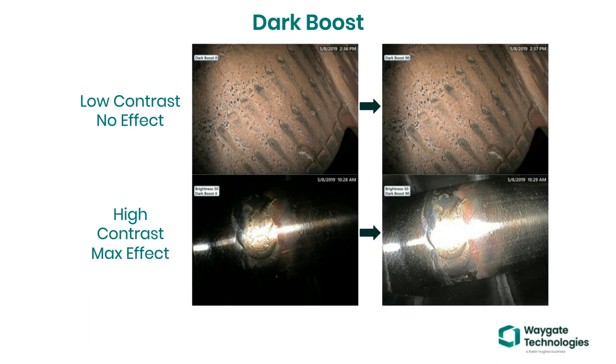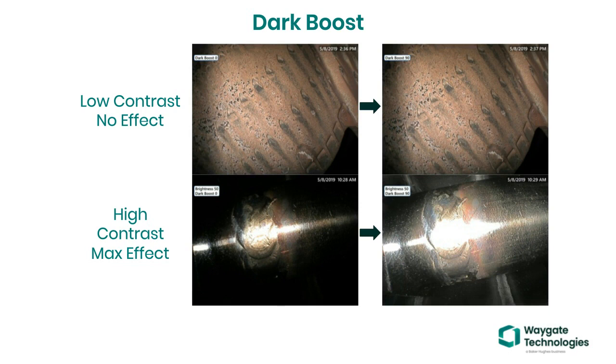This difference can help give an inspector the information needed to make good inspection decisions. If you own a Mentor Visual IQ, experiment with the brightness and Dark Boost sliders and note how they impact image quality in different application scenes.